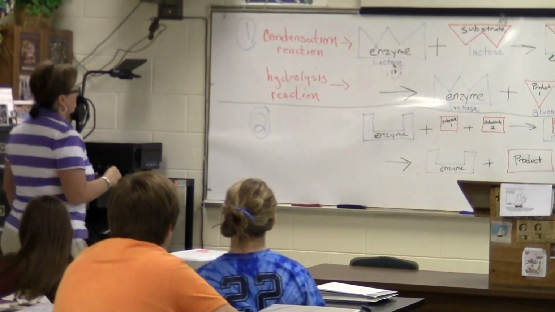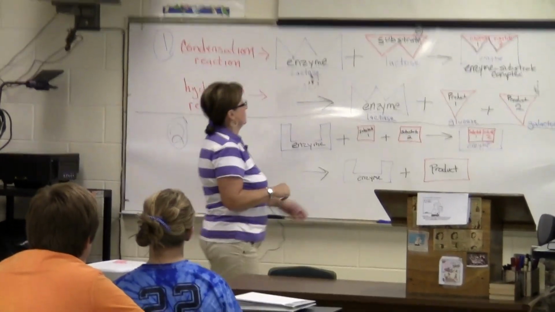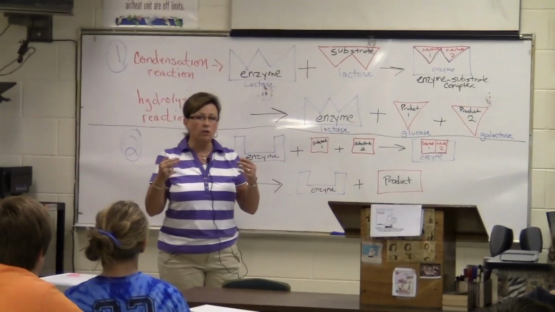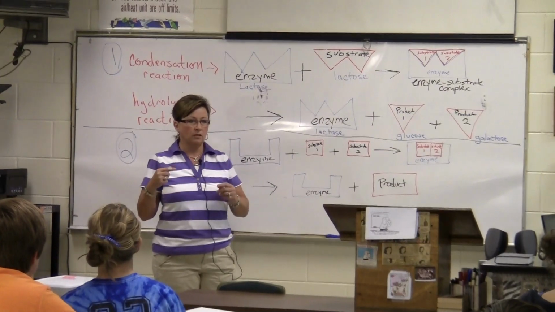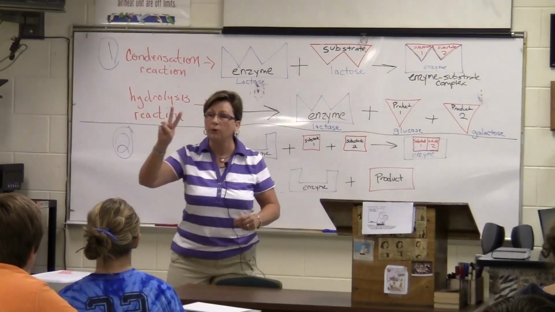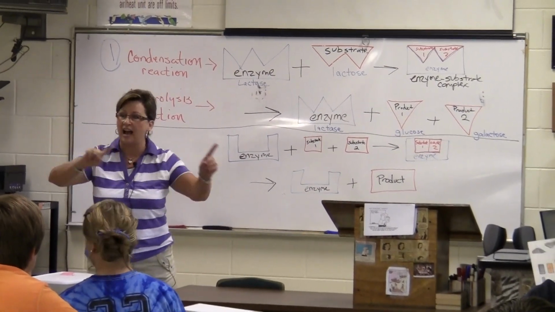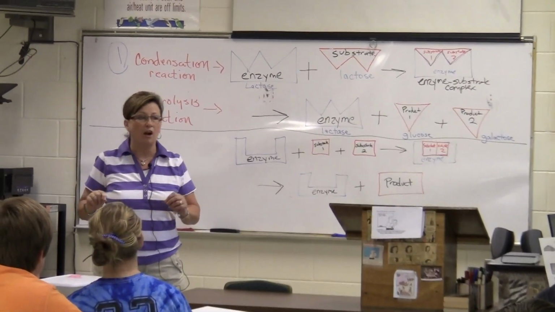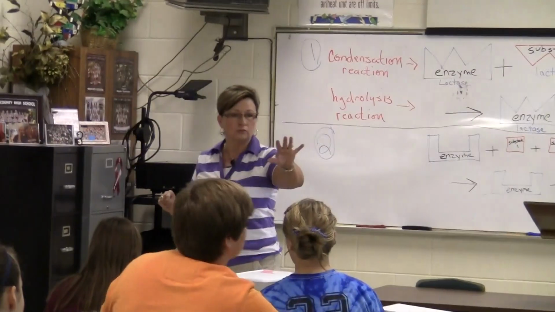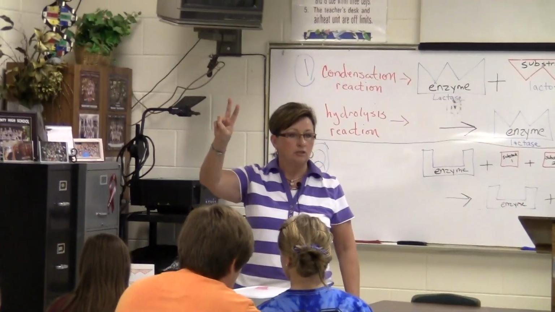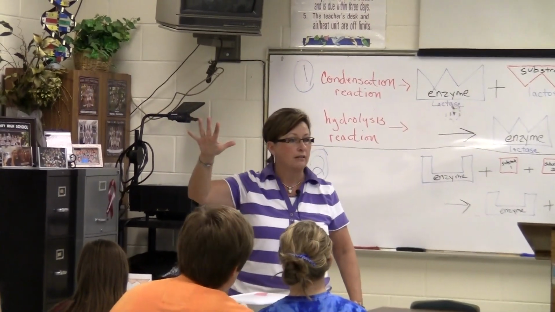So if you look at lactose, it is a double sugar. What do we call that? No, 2. What's the prefix for 2? Disaccharide. All right, listen now. Mono is 1, di is 2. Of course, we would do tri, but we do poly.